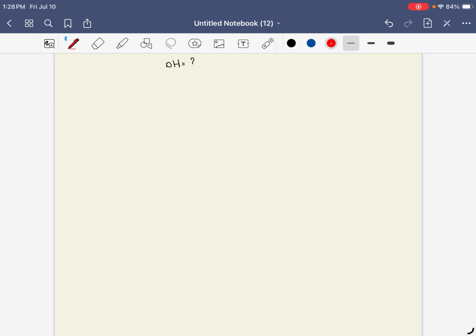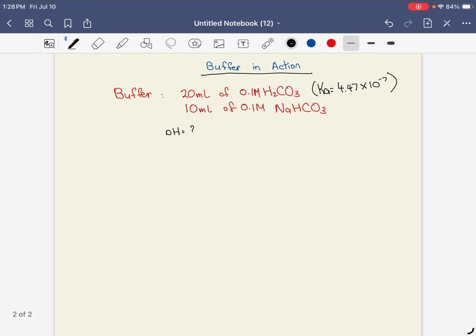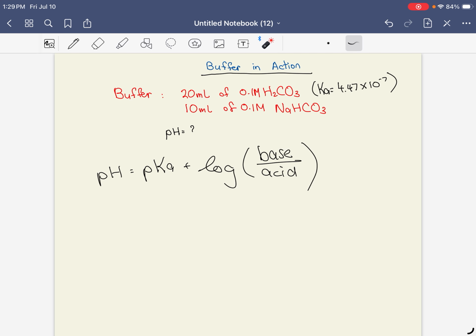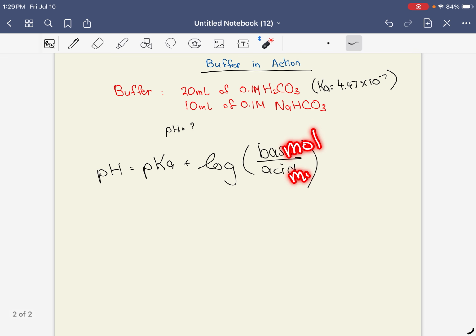But this time, I'm just going to use an equation called the Henderson-Hasselbalch equation. It looks like this, where the pH of a buffer is equal to pKa plus the log of base over acid. Now, base and acid can be in molarity, or you could look at it in moles.